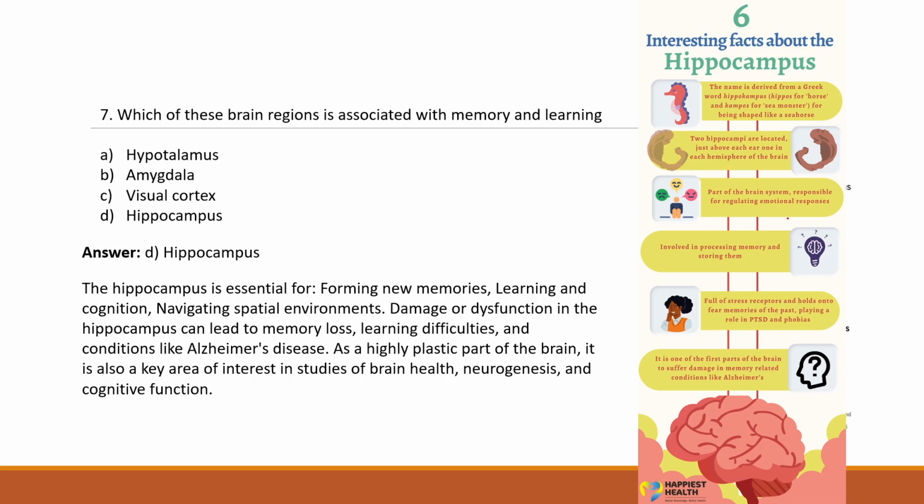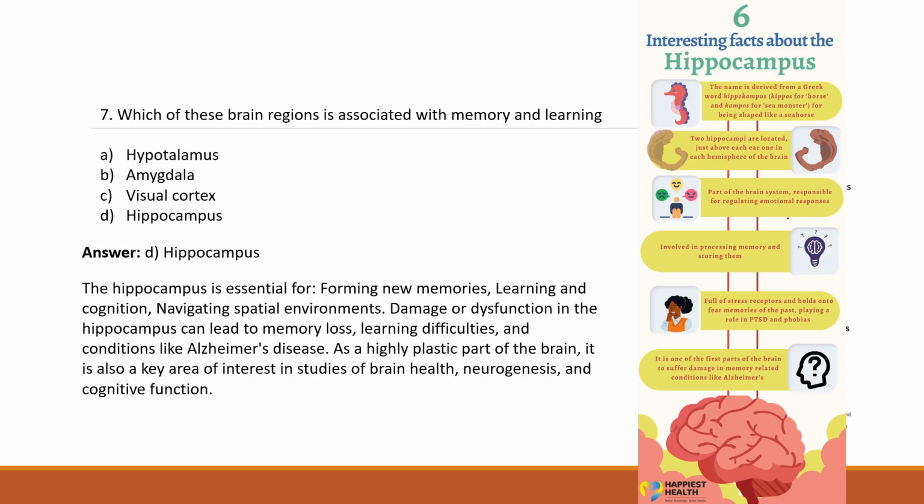These are called post traumatic stress disorder. All this is also hippocampus related. It is also one of the first parts of the brain to suffer damage in memory related conditions like Alzheimer's. So with Alzheimer's, Parkinson's, all these memory related diseases, your hippocampus is key because it is what stores memory.